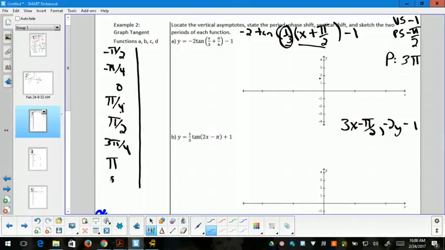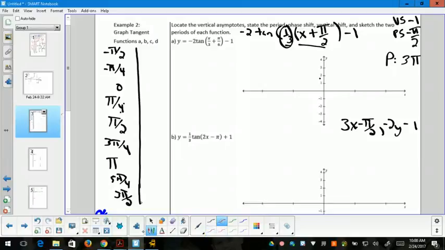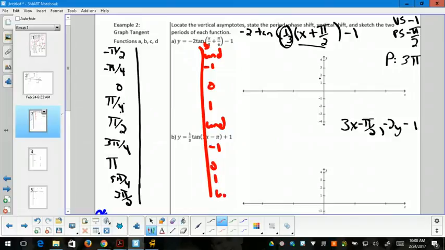Pi, 5 pi over 4, 3 pi over 2. And our y's, I'm going to actually put our original y's over here because I know I'm going to do two things to the x's. I'm going to put my original y's over here. Would have been undefined, negative 1, 0, 1, undefined, negative 1, 0, 1, undefined.